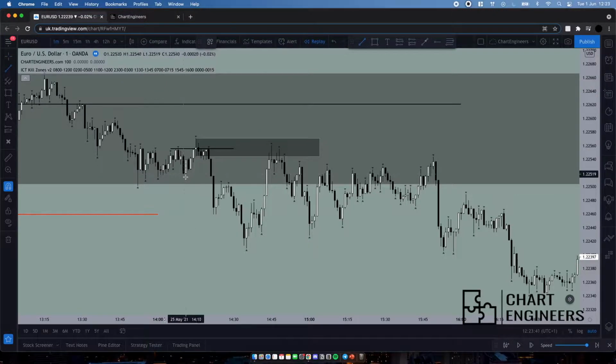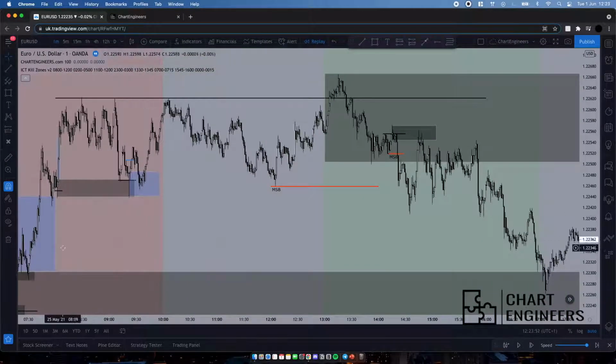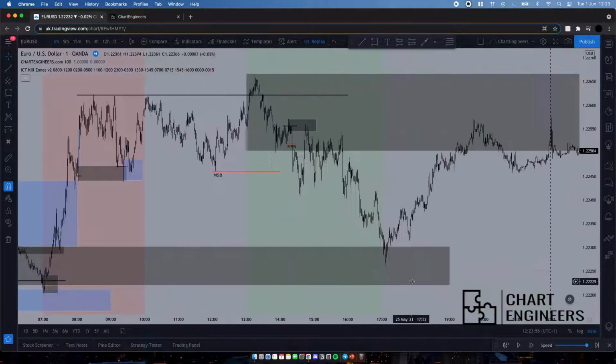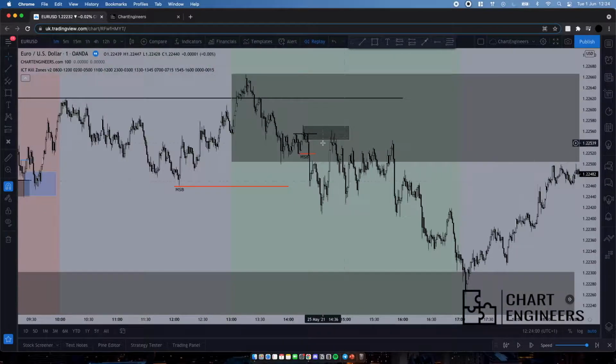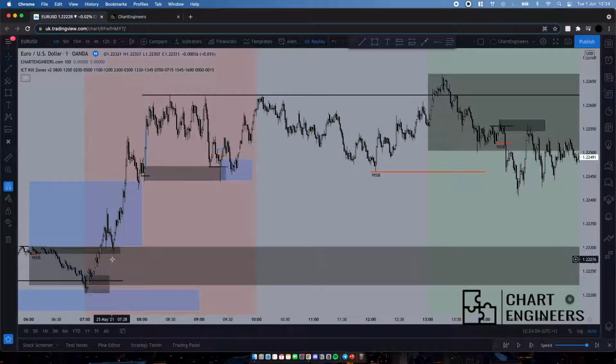Then you've got your market structure break to the downside, and then you see price tags you in, hits TP, and we get the fill on the FVG and the H1 order block. So if you did trade, that was a clean trade, so you could have taken that trade, this trade and this trade on M5 and this trade.